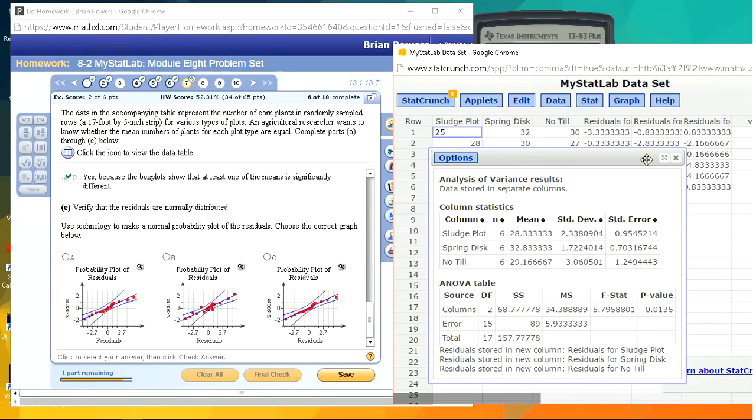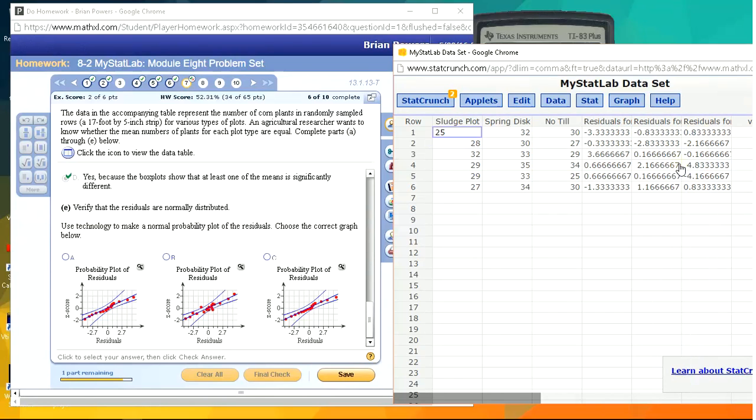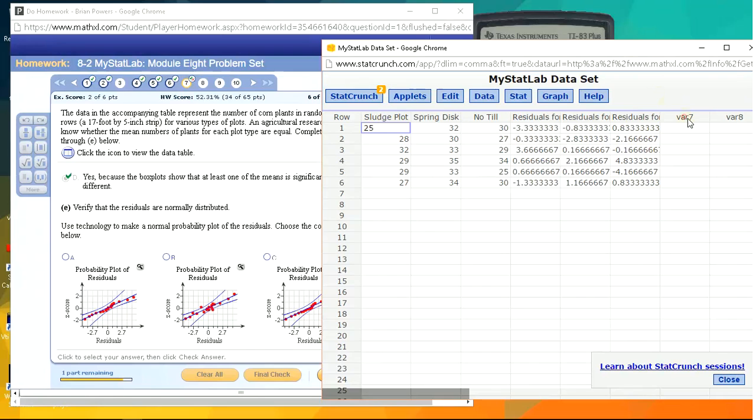So when I did that, that's fine. All of my residuals are right here, see, all of those residuals. What I'm going to do is create a new column called something like all residuals, and I'm going to just copy everything.